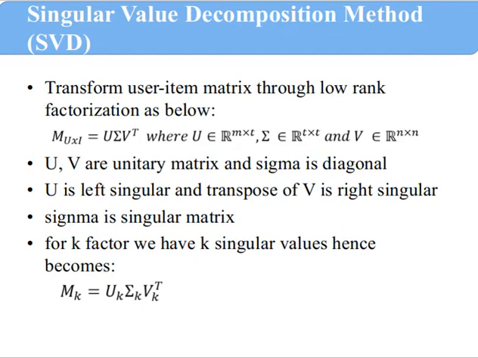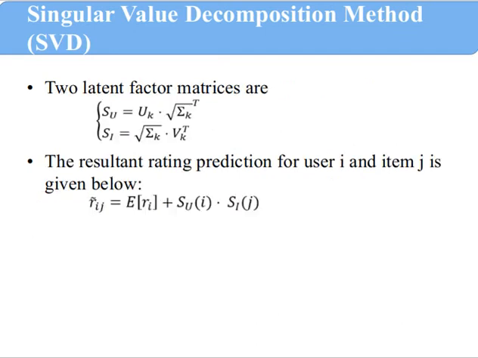Now the matrix is represented in this manner. Whenever we apply this singular value decomposition over the matrix, we get these three different variables, that is U, sigma and V. In this way the two latent factors are identified from this.